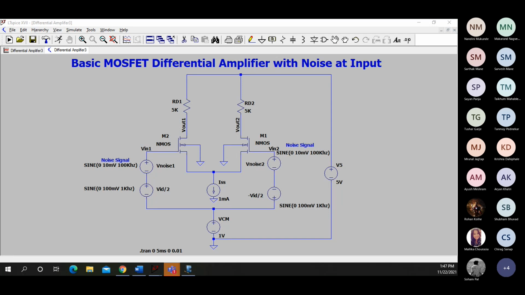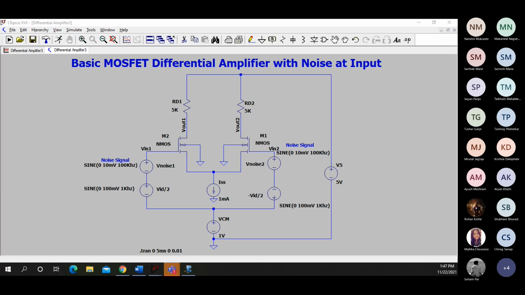Again, we measure something called ripple factor and all those things. So this is the simplest technique of implementing a noise-free amplifier, that is by maintaining symmetry and constructing a differential amplifier.